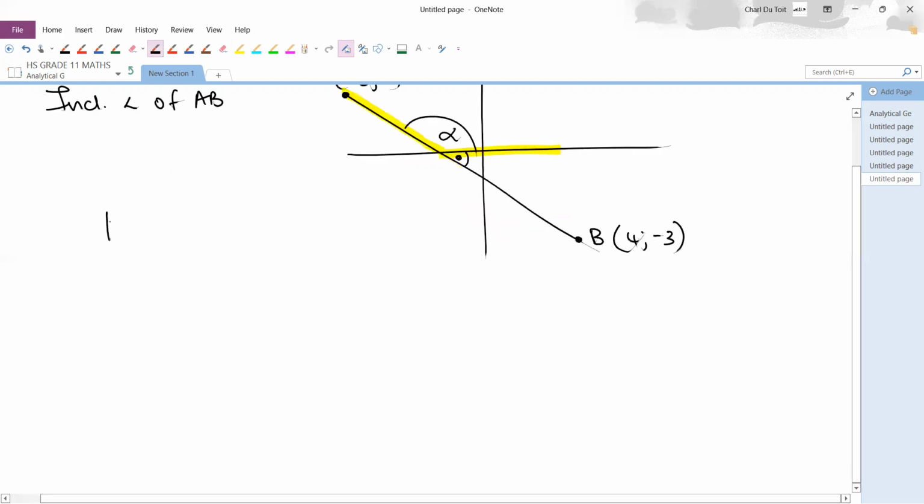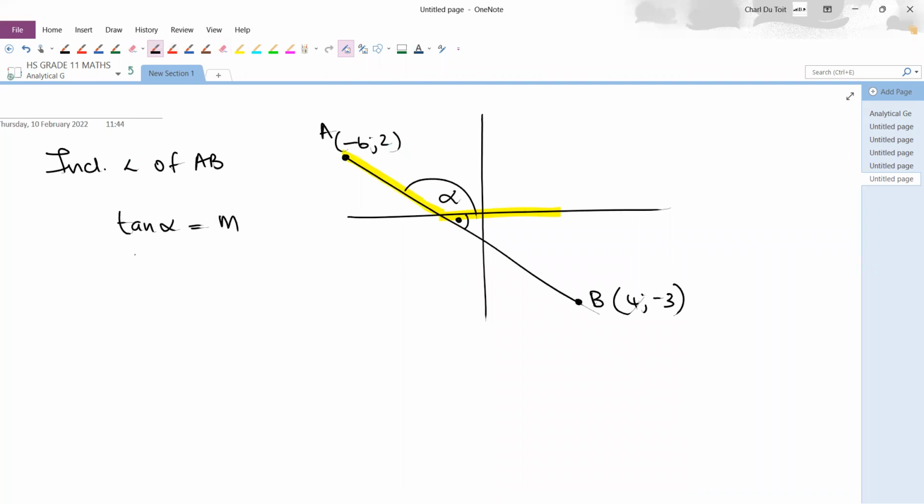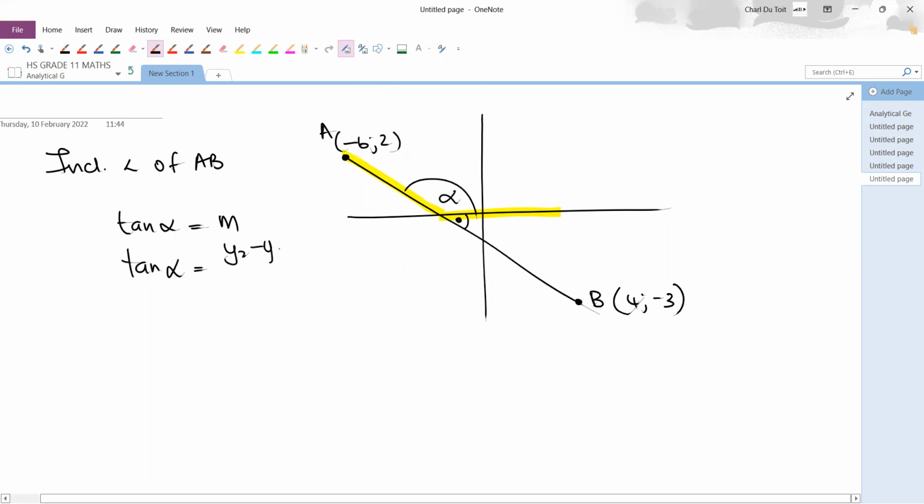So now we're going to write the formula. Tan alpha is m. So tan alpha is y minus y over x minus x. Tan alpha equals 2 plus 3 divided by -6 minus 4.